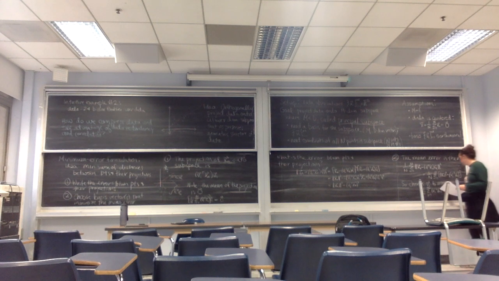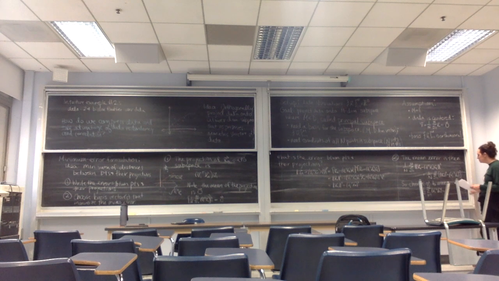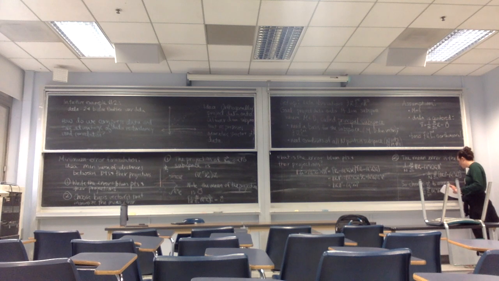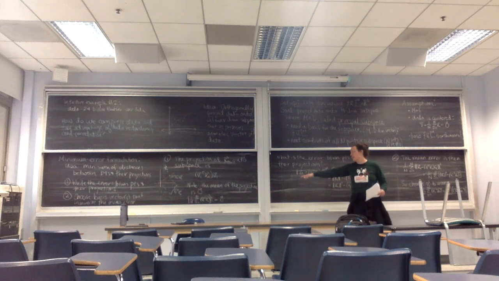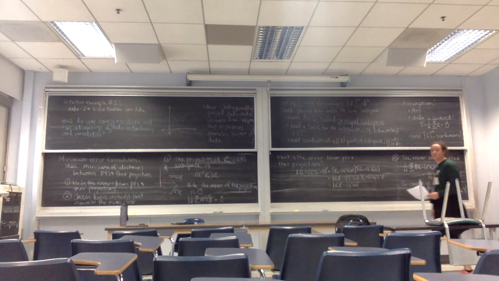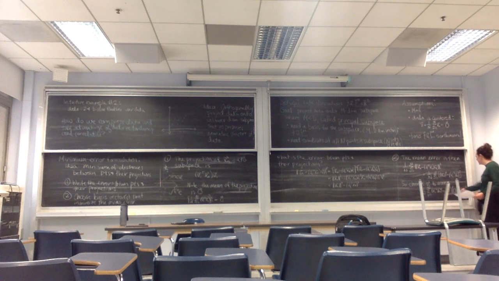And let me do a quick simplification. I'm going to introduce something to make this look a little different. This is v1 transpose xn minus, I'm going to introduce v1 transpose sample mean x bar. I haven't changed anything. Why? Because this inner product, v1 transpose sample mean x bar, we saw was 0. That was from the fact that our data was centered. So this is just minus a 0 term.